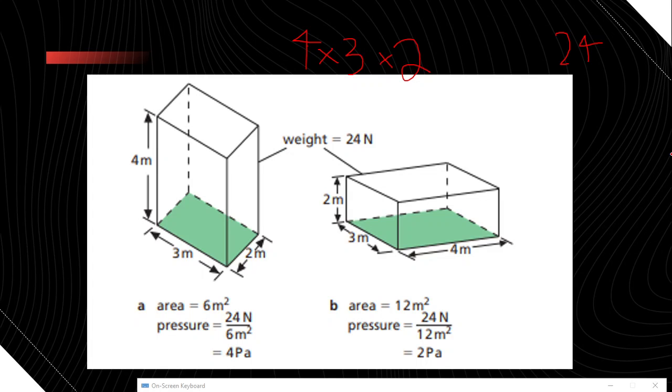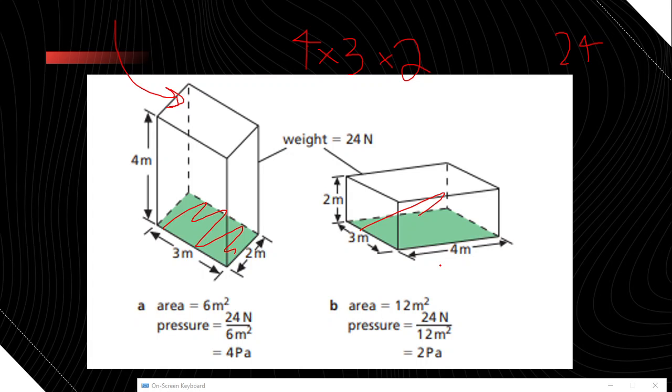Now what happens is we tend to say that this object will have the same impact when it is on the ground or when it is on some surface, but we can really see a very different concept over here: when this object is held in this position where the surface that is touching the ground is the 3 into 2 surface, then the pressure that it exerts on the ground is so much greater than when it is held in this position in which the 3 by 4 larger surface is on the ground.